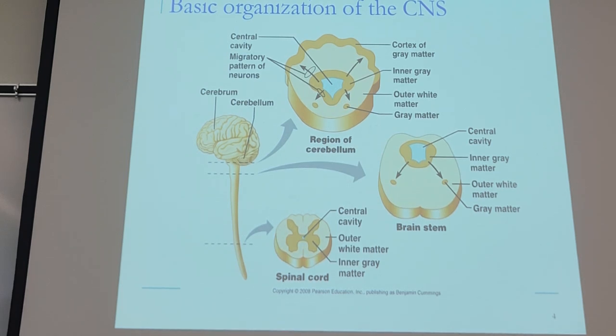Dendrites, axons. Okay, axons of interneurons. What other specific structures? I can't hear you. Horns? Horns are composed of gray matter, but what physical structures do we find in gray matter?